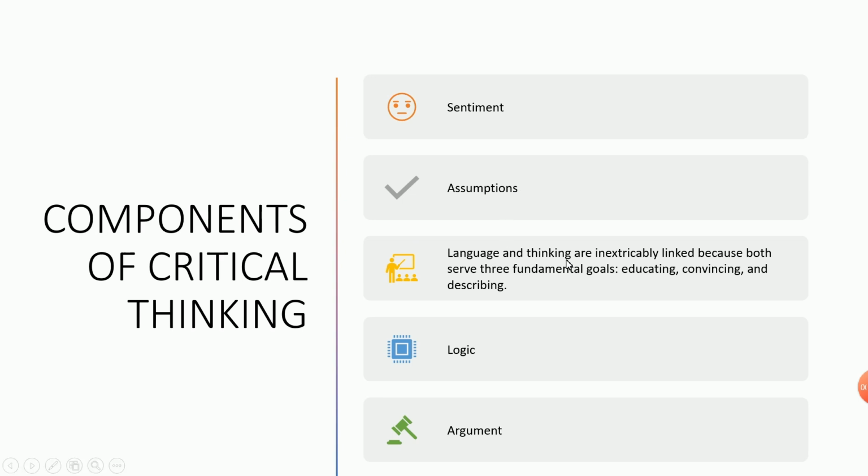Next, language and thinking are inextricably linked. Language and thinking also influence us, because our grandmother or grandfather might not know many languages like English. They might know only their own mother tongue. In the next generation, our father and mother could have learned English also.